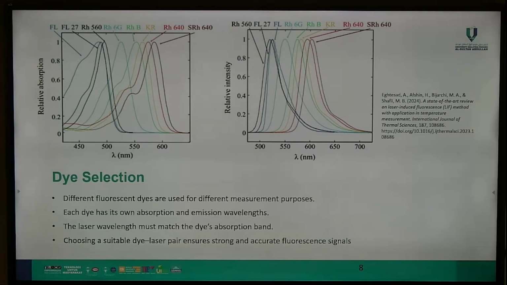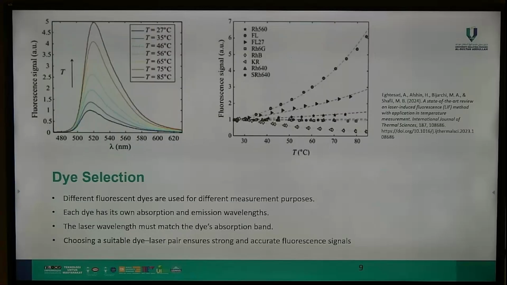Another one is that different dyes also react differently according to the temperature. As you can see, the fluorescence signal read by each dye is different from each other.